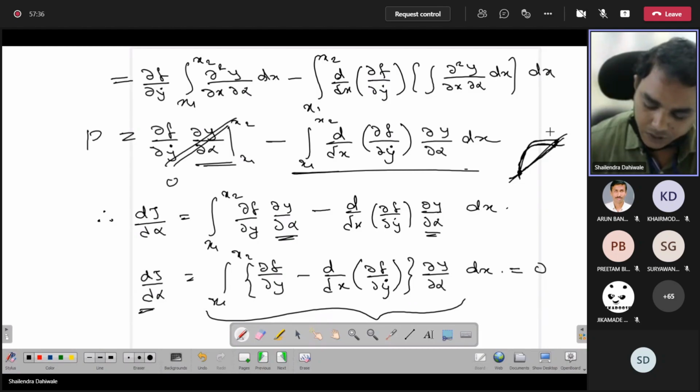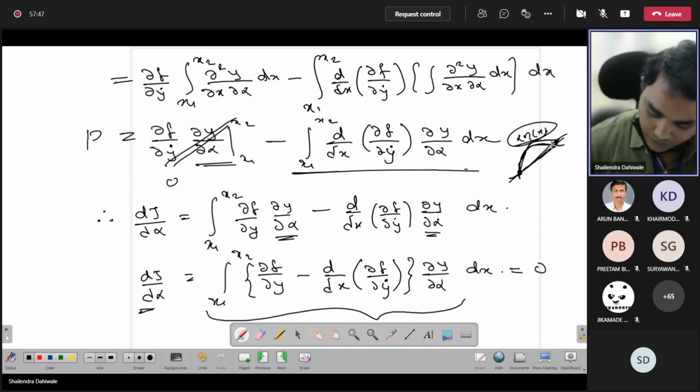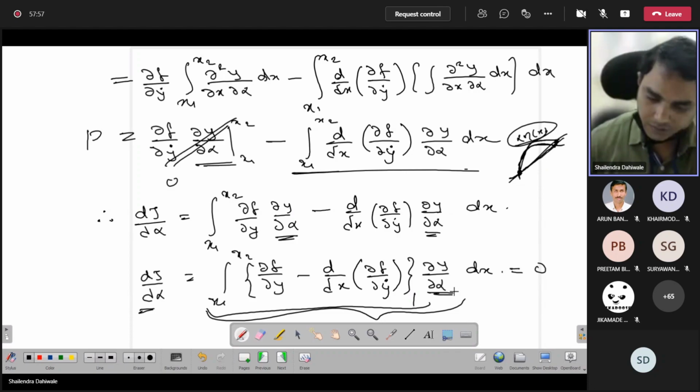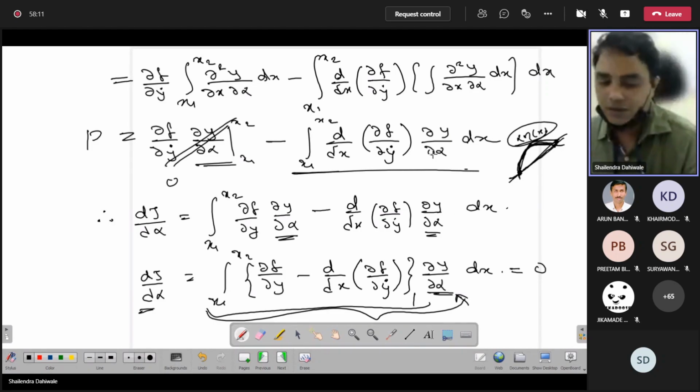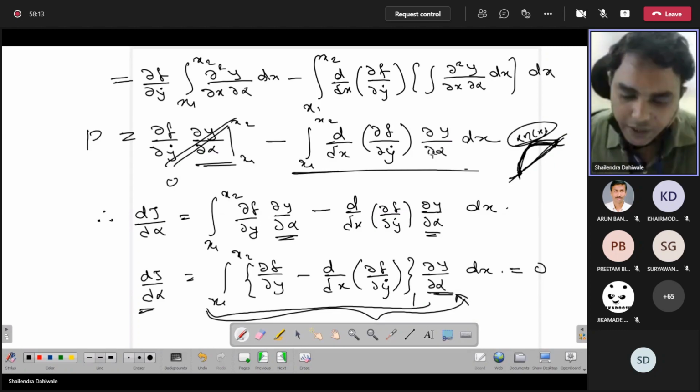So this eta of x into alpha is my arbitrary function. These two things we have gotten here, this part and this part: this del y by del alpha is basically coming from the arbitrary variation we have taken in the nearest neighborhood of our actual path.